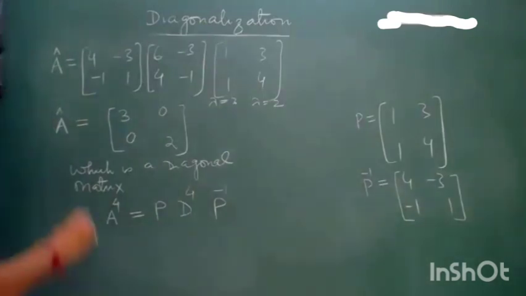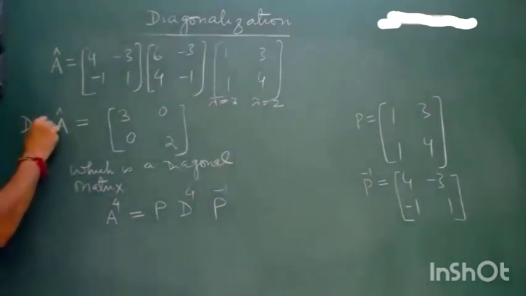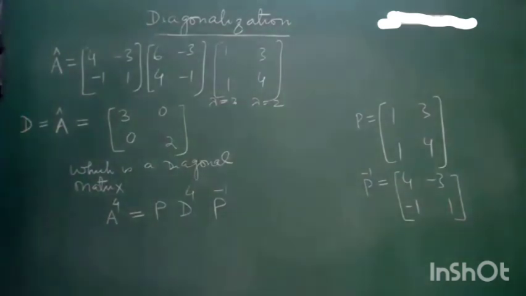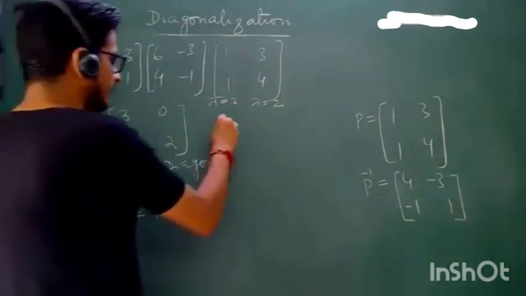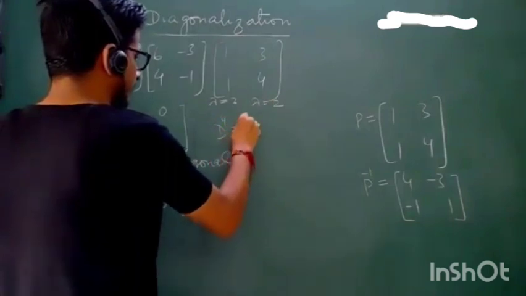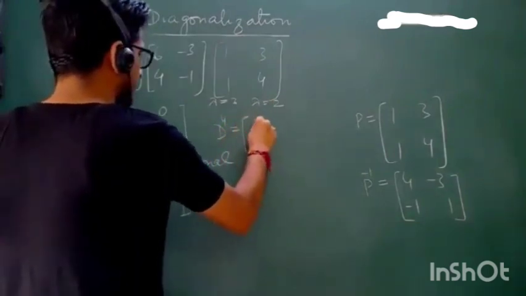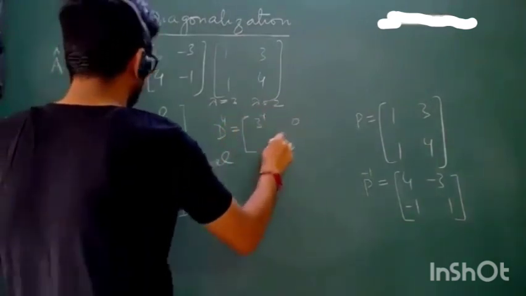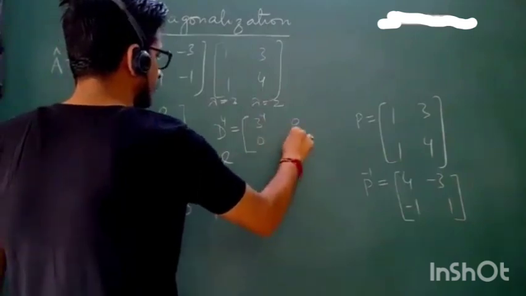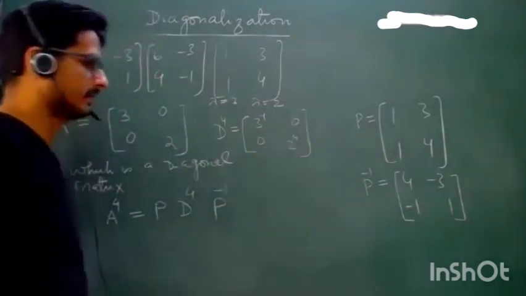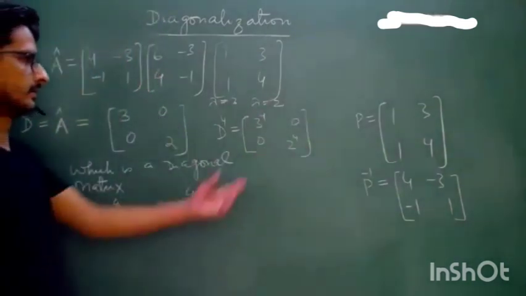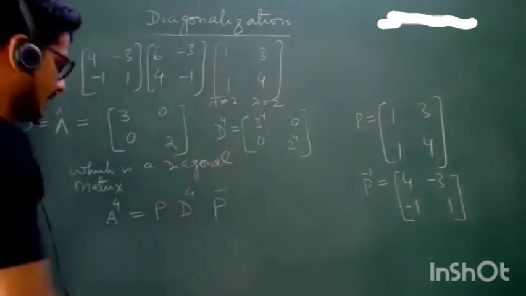And this is D in this case. So what is the value of D to the power 4? It is 3 to the power 4, 0, 0, 2 to the power 4. So you will multiply these values.